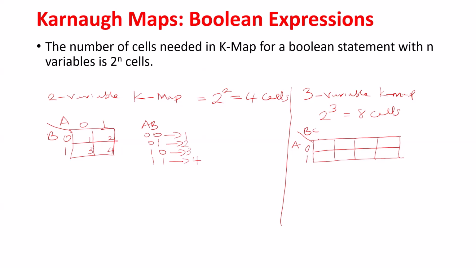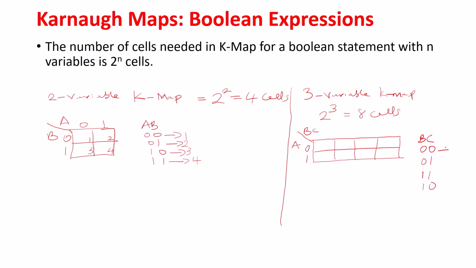So how do we distribute BC? To distribute the BC, this convention should be used. We have 0 0, 0 1, 1 1, and 1 0.